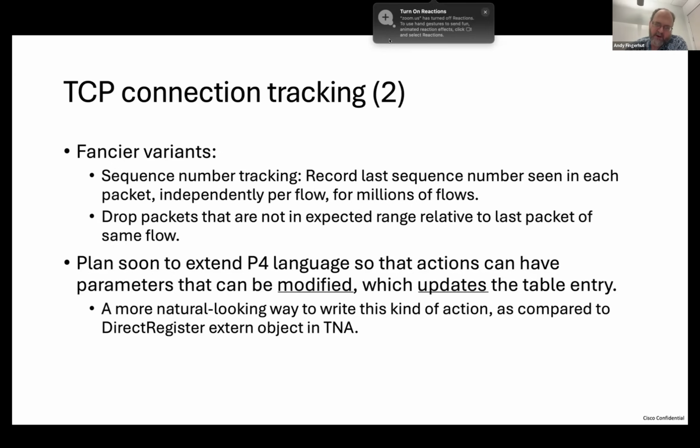And you'd like to drop packets whose sequence number is not in an expected range, like not in the receiver's window, for example, from the last sequence number up to last sequence number plus a window size. That would be the common range, or maybe a little bit larger than that.